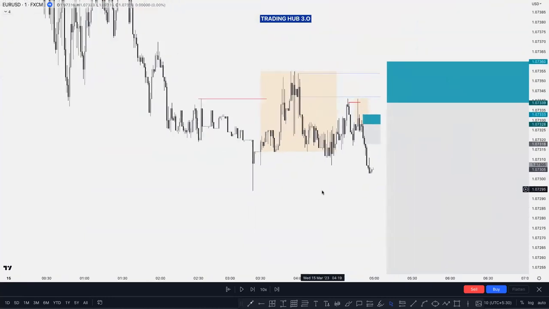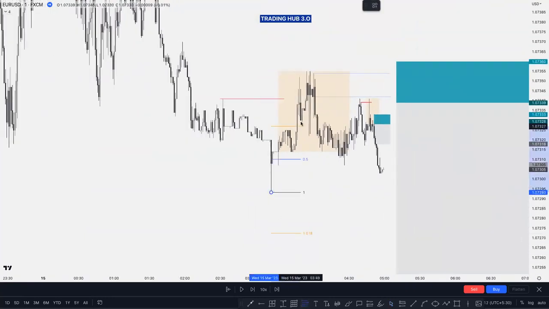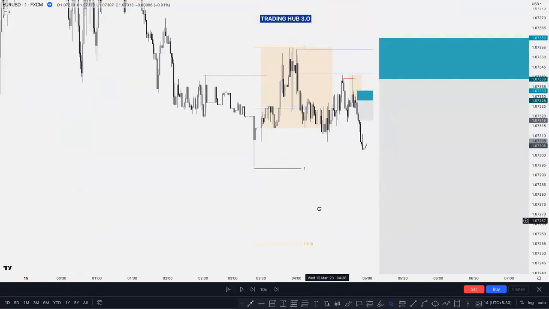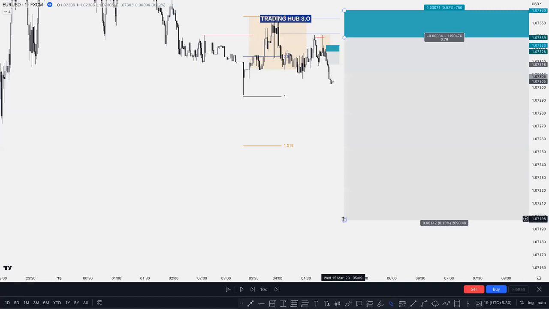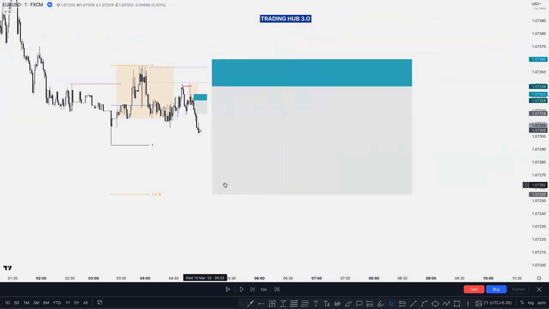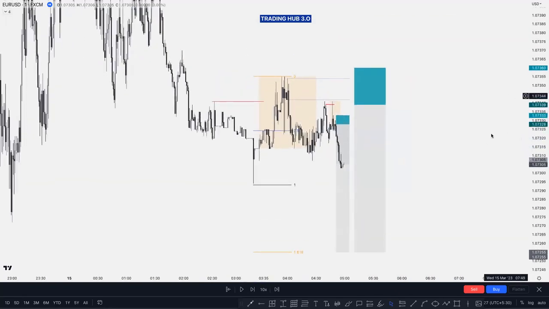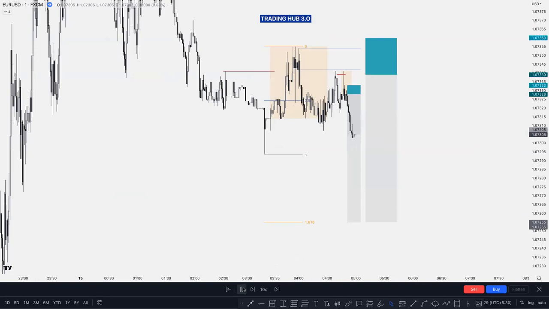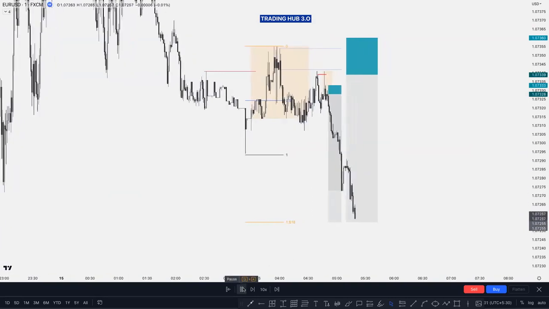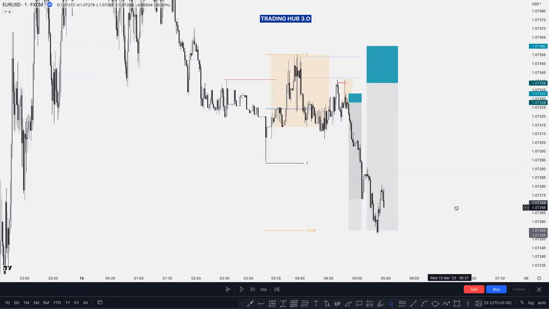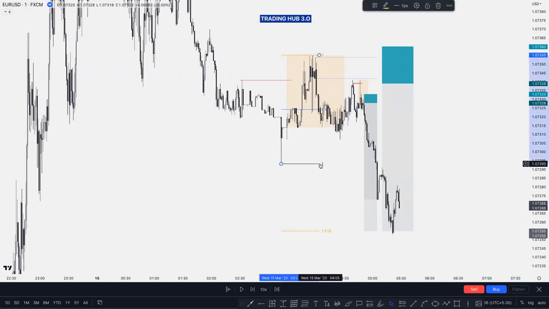And where is the target? This low to this high and Fibonacci 1.618, right? You can use this type of thing in a counter trend for target. But the majority of targets are on the main high or low, right? Let's see. Okay, done. Perfect. Simple.